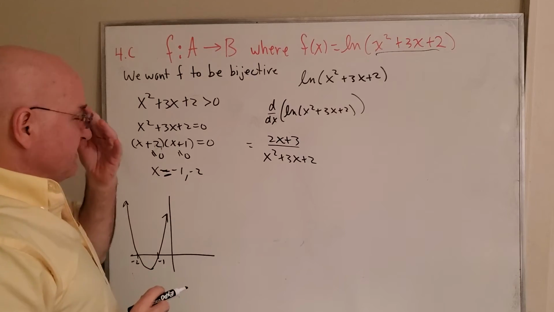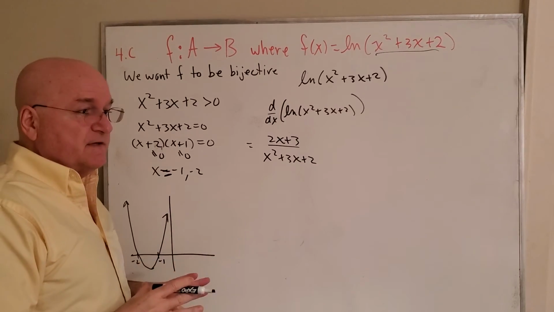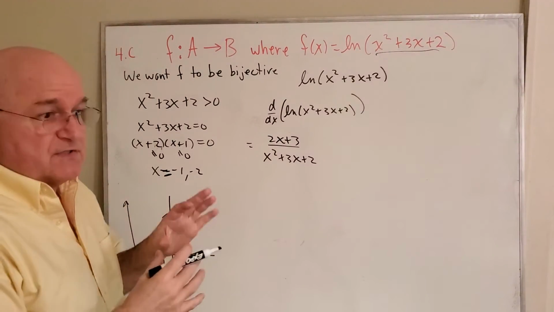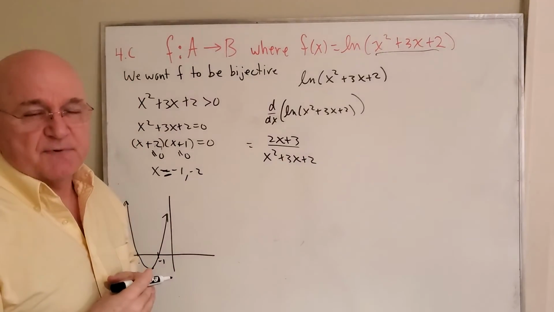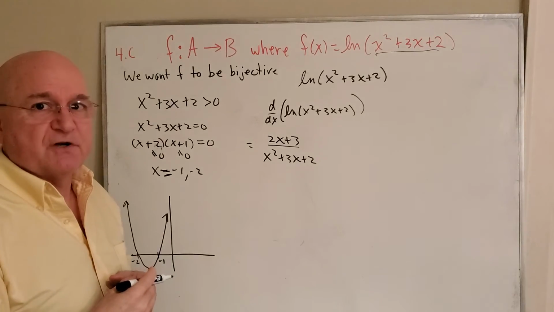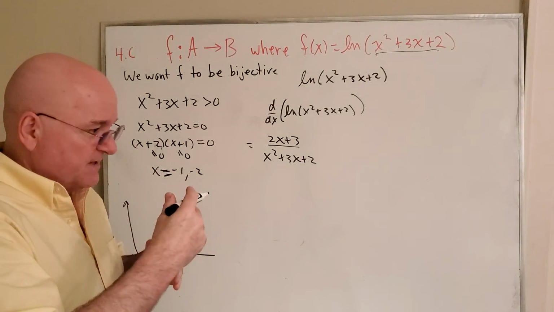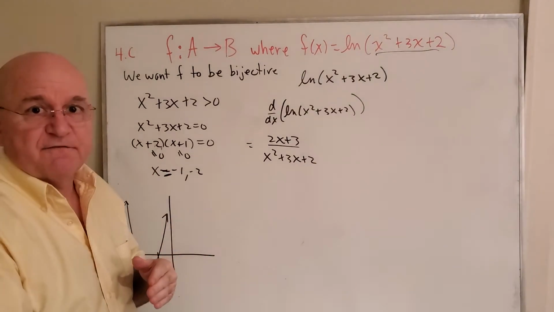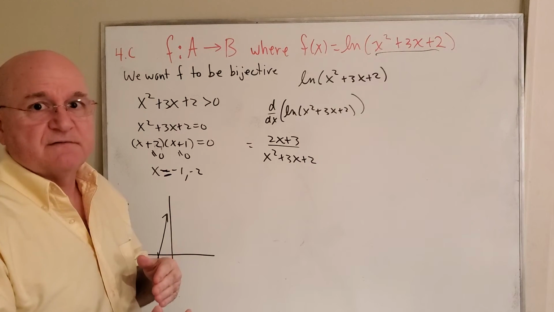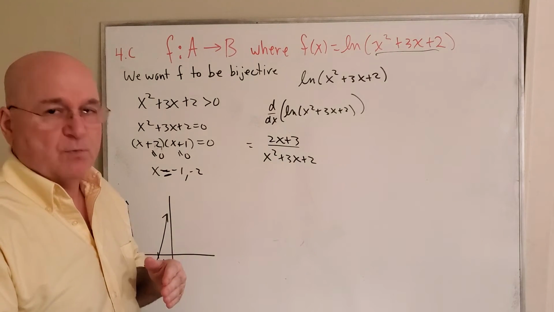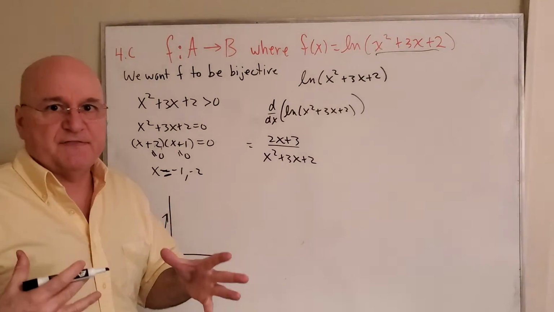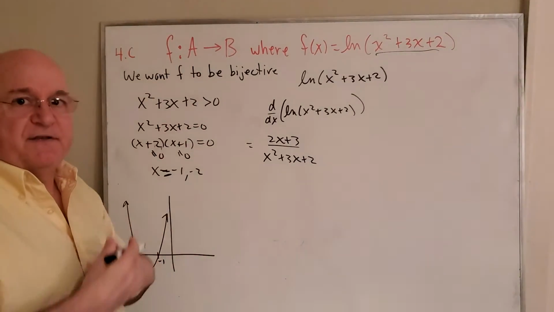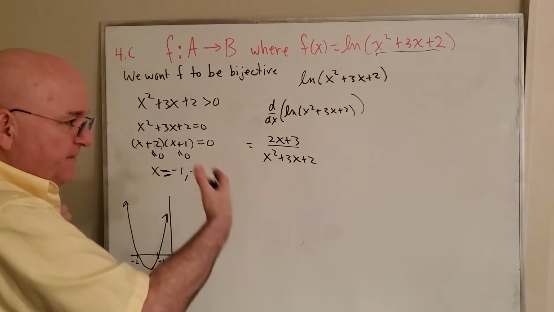All right, so that's the derivative. I want to find out where that's positive and where it's negative. If from some point on to infinity, it's positive, that means it's an increasing function and it's 1 to 1. If from some point to infinity, it's a decreasing function, that means it's a 1 to 1 function. Or from negative infinity up to some point, that's the kind of thing we're going to use for A. It's either going to be a number to infinity or negative infinity up to a number.